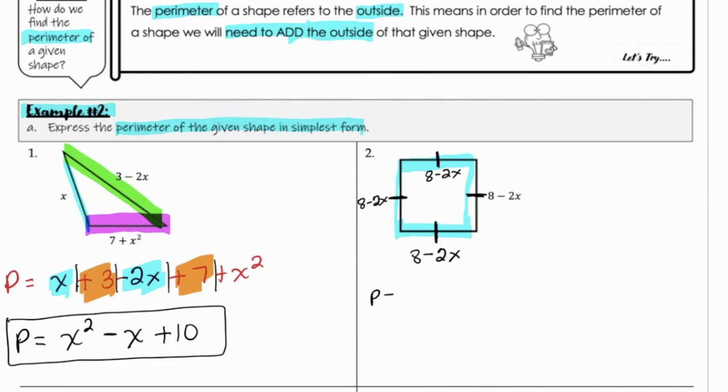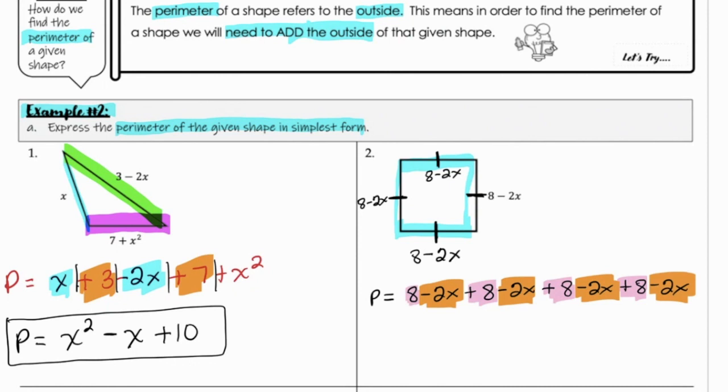My perimeter is equal to 8 minus 2x plus 8 minus 2x plus 8 minus 2x plus 8 minus 2x. So I'm adding all 4 sides. I'm going to start identifying my like terms. This time I'm not separating by lines. So I combine all of those. So when I combine all of my x's, how much do I have?